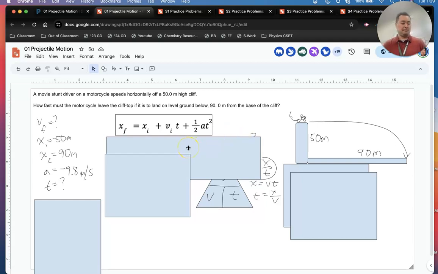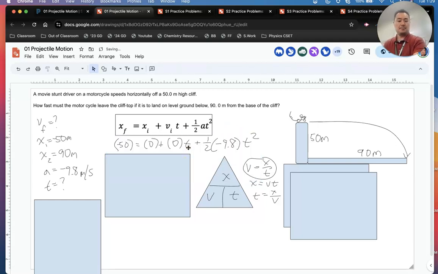So we just plug in. Negative 50 is our final distance. So that's how far the motorcycle needs to drop. Now, we're not looking for the time it takes to land at the end of the 90 meters, because in theory, it's supposed to be the same.